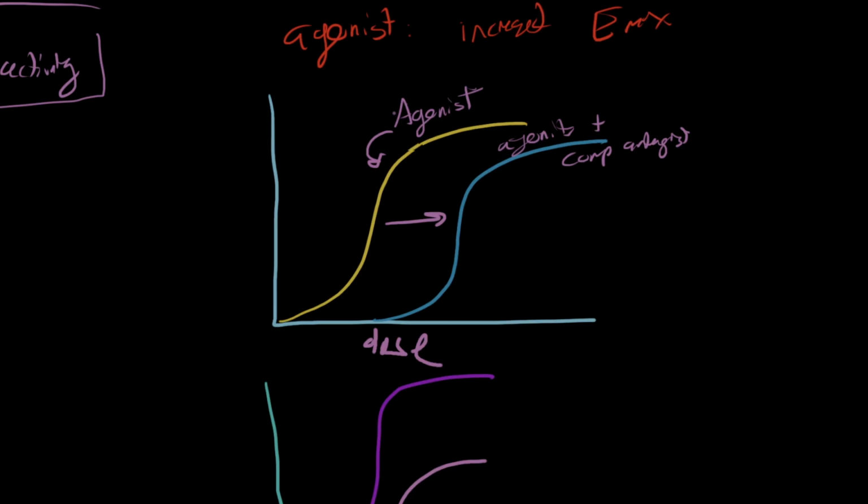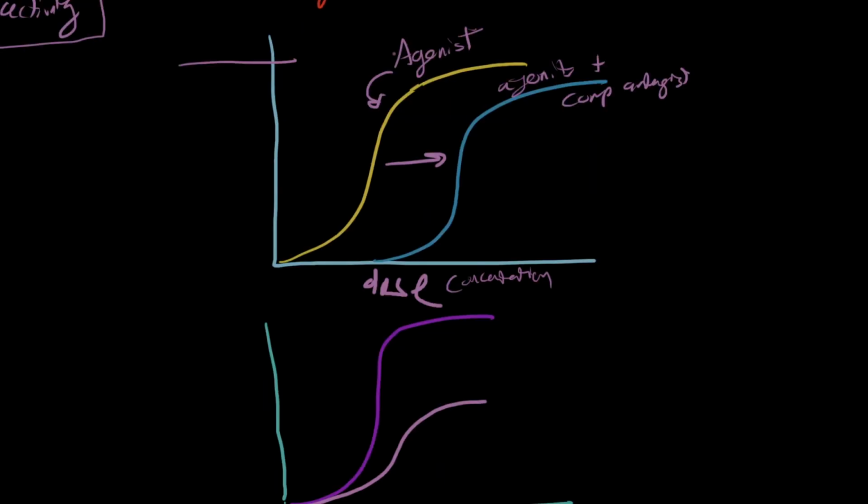So you would still be able to get the same kind of effect. Both your agonist and agonist plus competitive antagonist would still be able to reach the same Emax, but you would just need more drug, more concentration, or more dose, in other words, to reach the same Emax. That's agonist plus competitive antagonist.